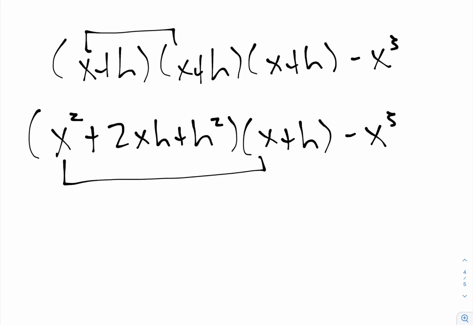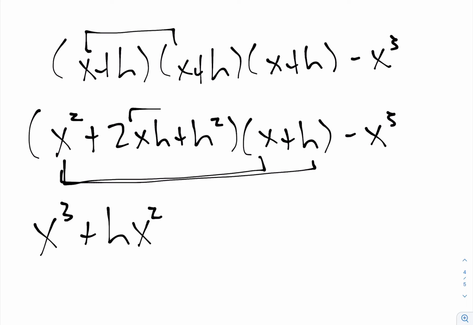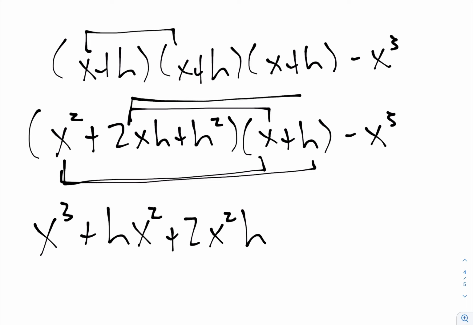Let's do x squared times x, so that's x cubed, right? Let's do x squared times h, so plus hx squared. 2xh times x, so that's going to be plus 2x squared h. Okay, and then we're going to get 2xh times h, so that's going to be plus 2xh squared.